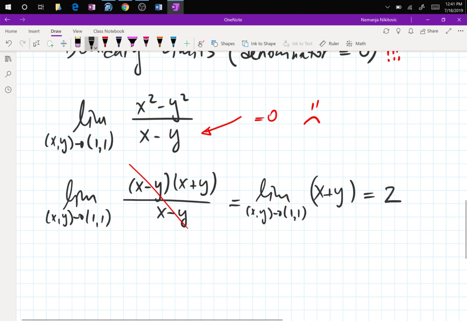It becomes a very easy limit to solve, and we just have a 2 over there. So if you need to write a sentence in your notes, write this: when the denominator is 0, all bets are off. Meaning you can get a limit or you can get limit does not exist. It depends on what type of function you have. So if you have 0 in the denominator, you cannot automatically claim does not exist, because clearly this problem would be wrong, right?